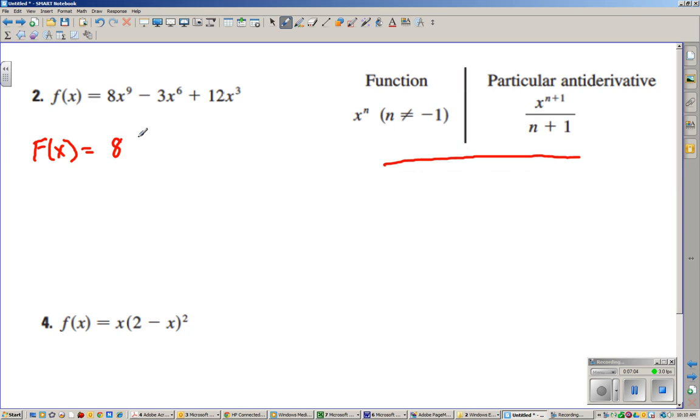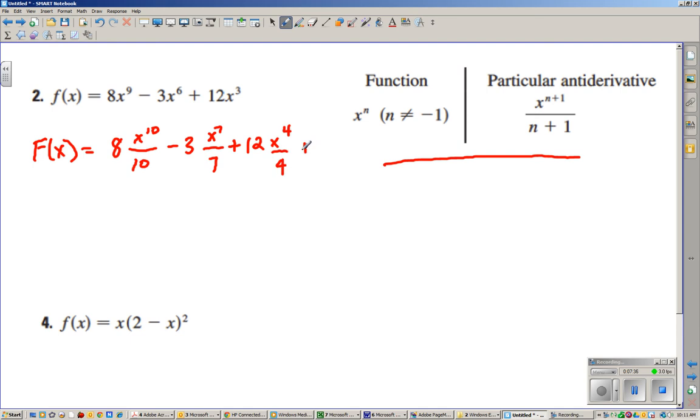We would add 1 to the power and then divide by that number. We get to do it again here. The negative 3 remains. We add 1 to the power. We divide by that power. We get to do it again. We add 1, divide by that number.